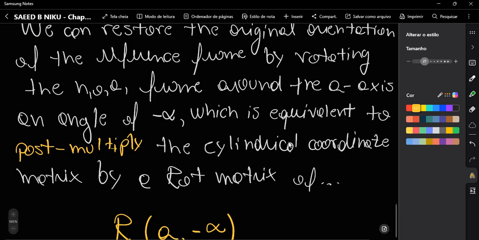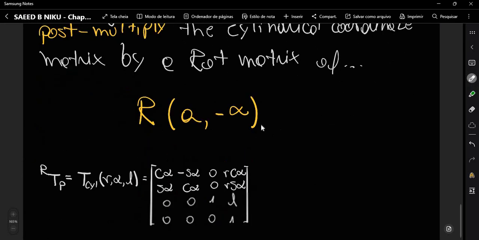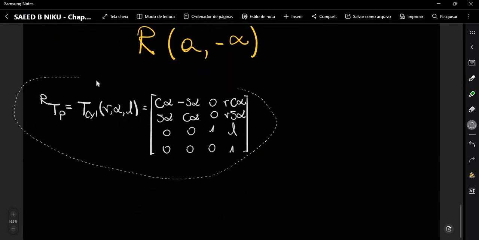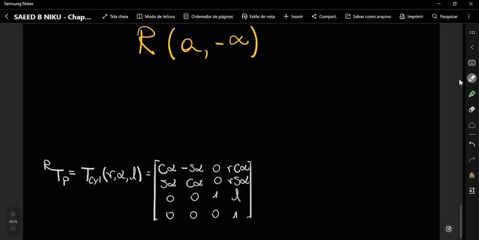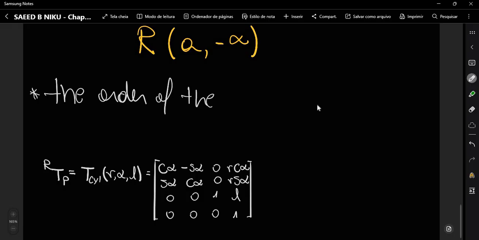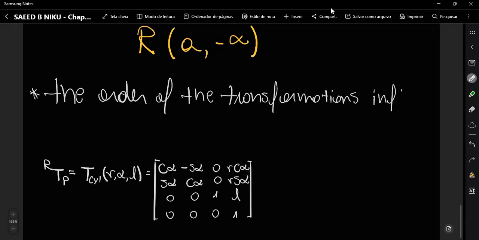And that means, and remember, that is so important that I will write it again: the order of the transformations influences the final result.